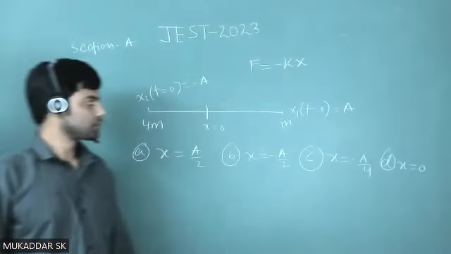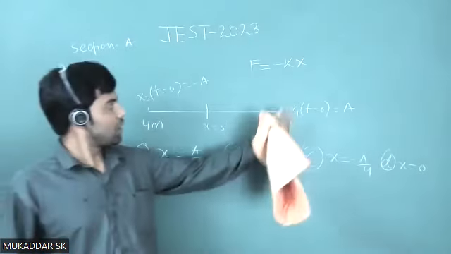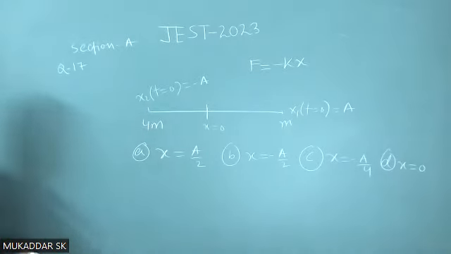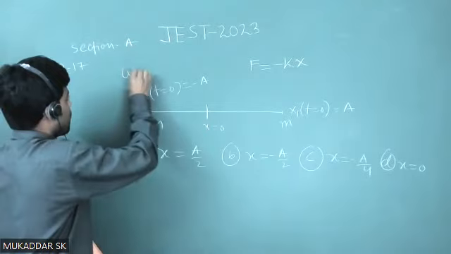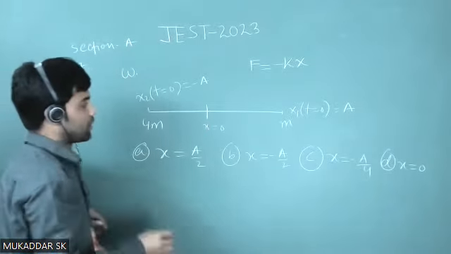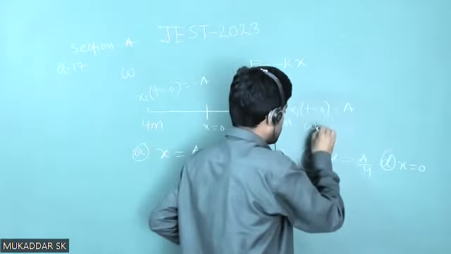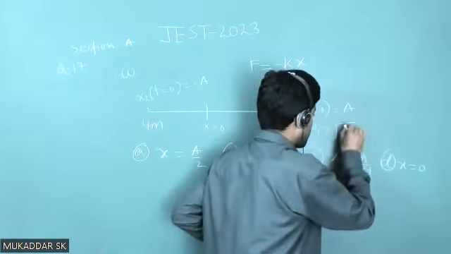First of all, they have different masses, but the force constant is the same. Now if I calculate the frequency of oscillation, let us assume for mass m, the angular frequency omega will be simply root over k by m.